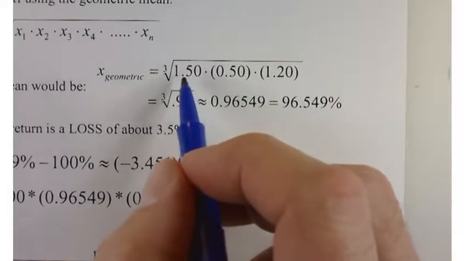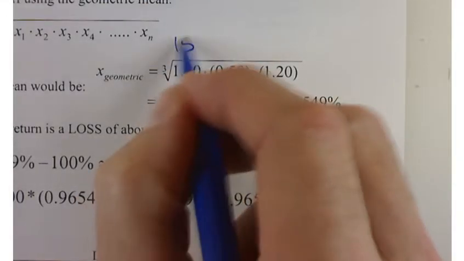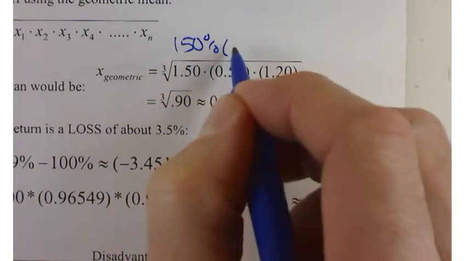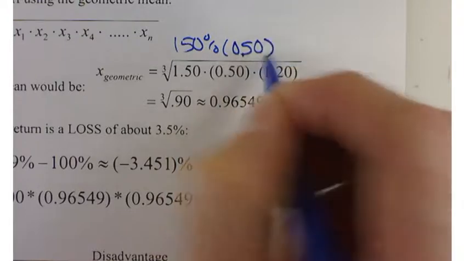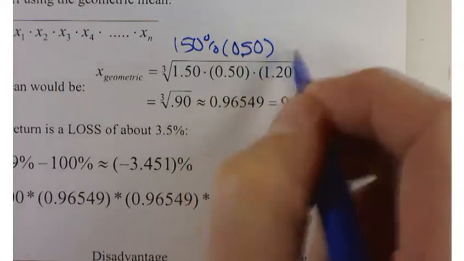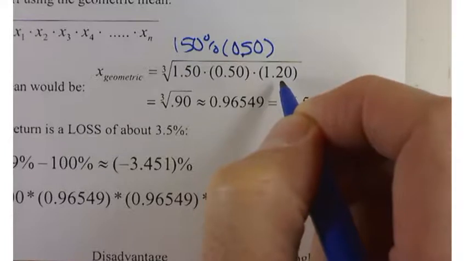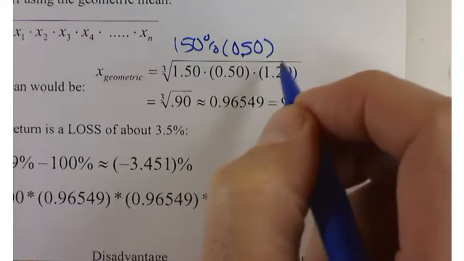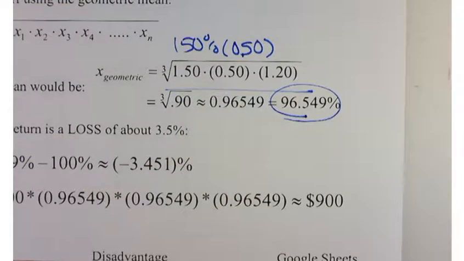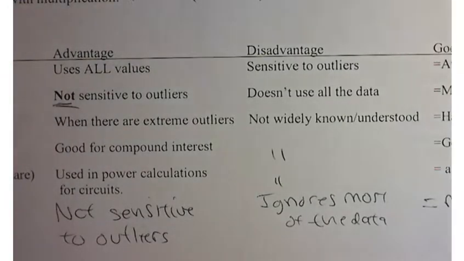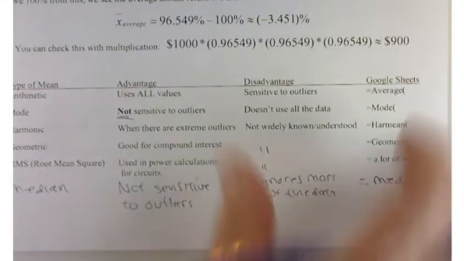It's up 50%, so you write 150% as a decimal, and then it was down 50%, as a decimal, 0.5, etc. And then up 20%. So multiply these together and take the cube root of that, and that's your geometric mean. Geometric mean is good for financial data, and it'll be much more useful in evaluating the performance of these funds. In fact, if you look at the geometric mean, it would tell you exactly what you need to know from this data set.